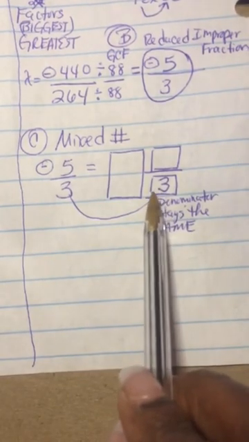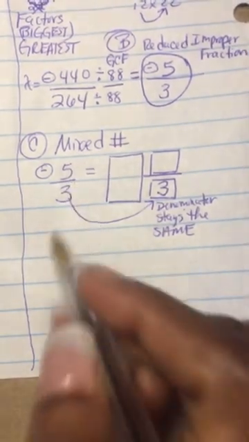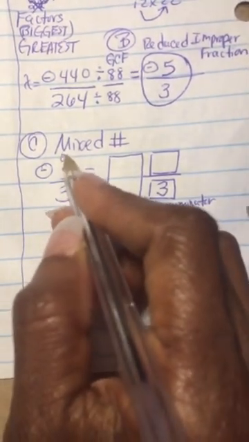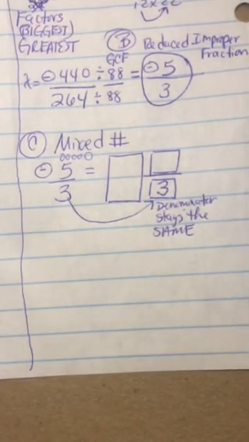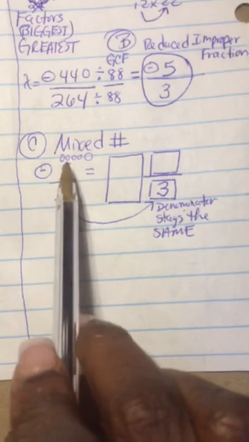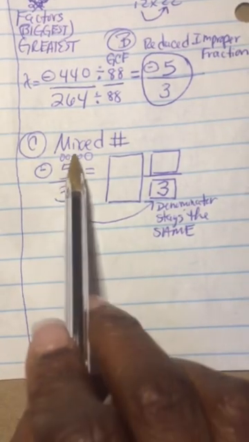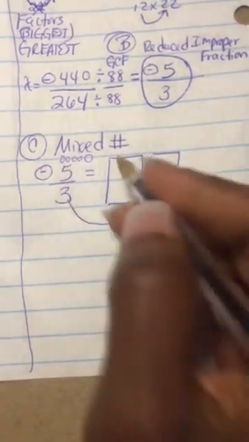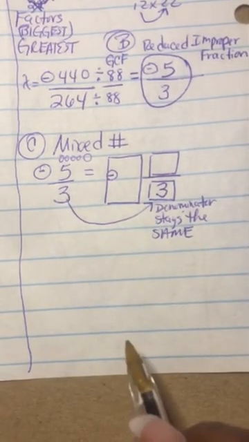Now I need to know if I have 5 circles. 1, 2, 3, 4, 5. How many groups of 3 can I take from these 5 circles? The answer is also going to be negative since you have to stay in the same sign.